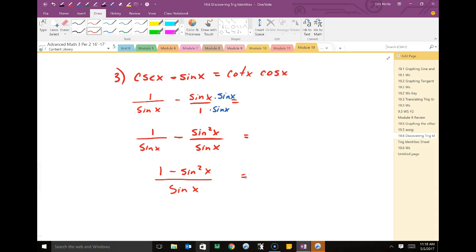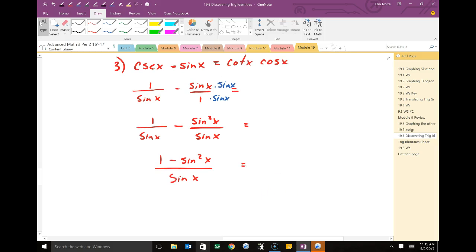So 1 minus sine squared, does that look familiar at all? Maybe the identity we just used in the last question? What is 1 minus sine squared equivalent to? Cosine squared. So I can replace 1 minus sine squared with cosine squared.